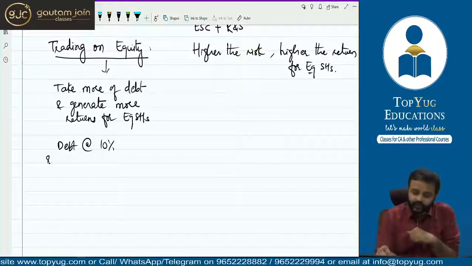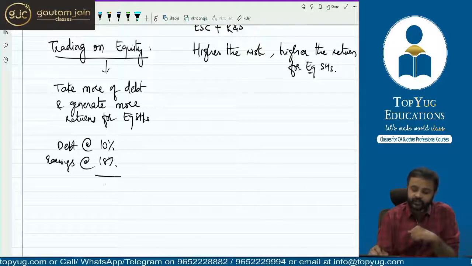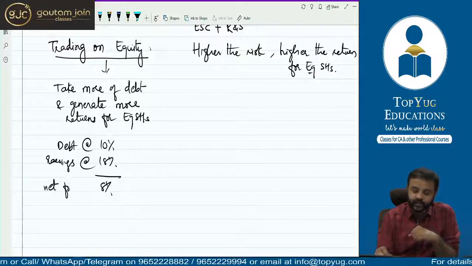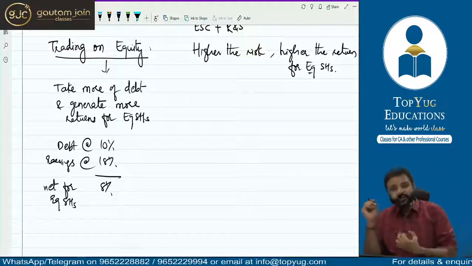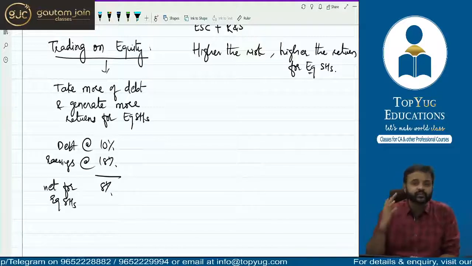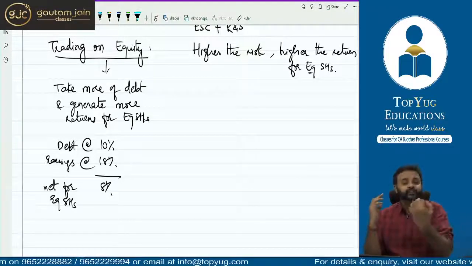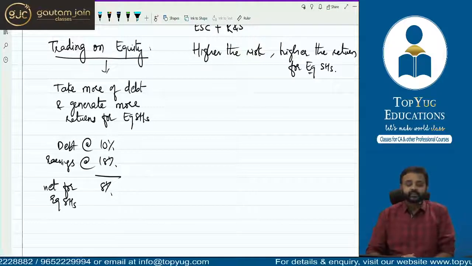So the net 8% is for whom? Net 8% is for equity shareholders. So without equity shareholders investing more, they could generate returns for equity shareholders. That's called trading on equity.